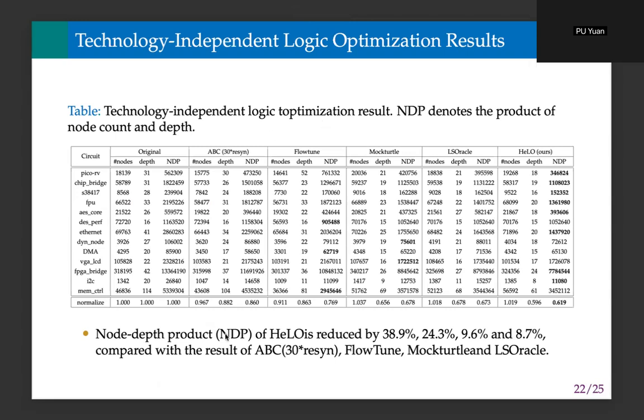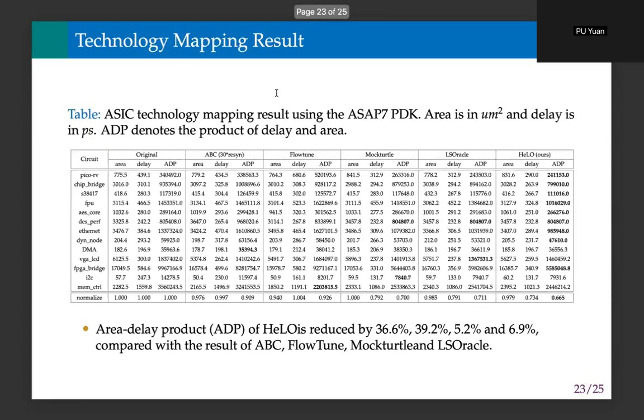We can see that compared with all baselines, the NDP of our proposed method is improved. And also for the technology mapping result, we get prominent improvement on the area-delay product metric.